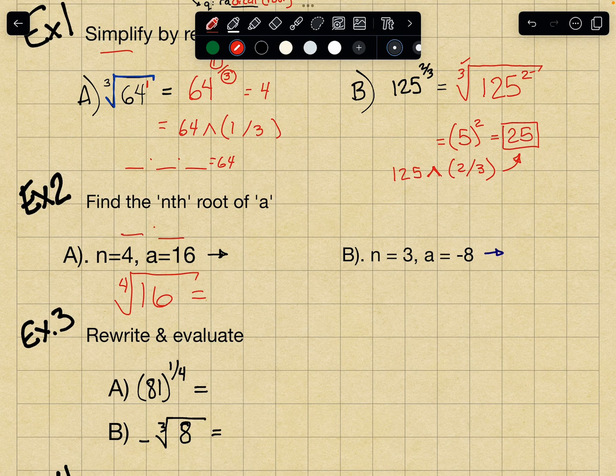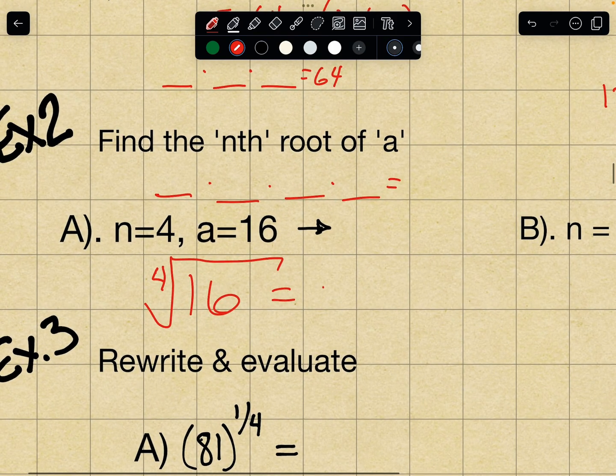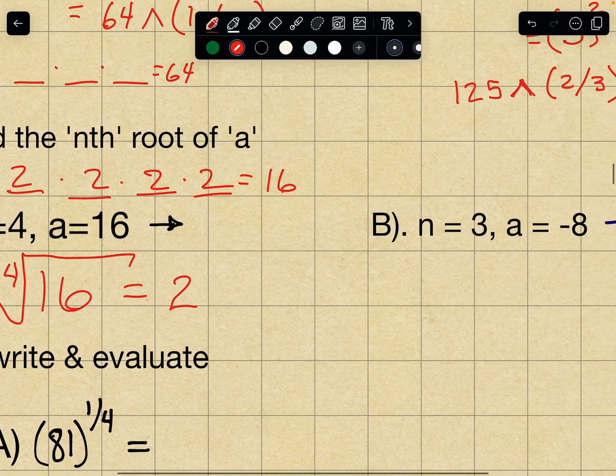Again, I'm multiplying something 4 times, and I want to get 16. Your calculator will tell you that if you take 2 times 2 times 2 times 2, you get 16. If you try 3, you get too much. If you try 1, you get too little. But 2 is perfect. And again, don't worry, you're not going to have decimal answers here.